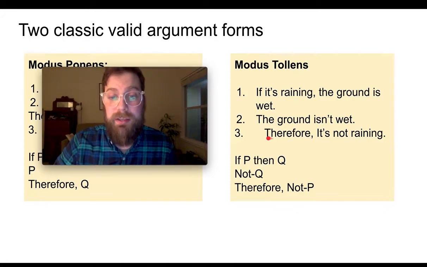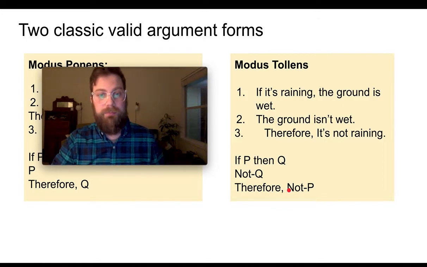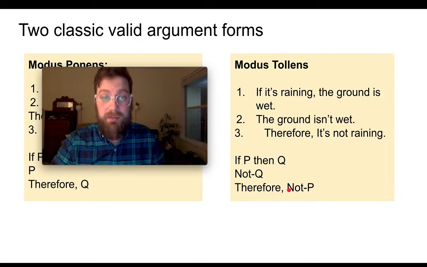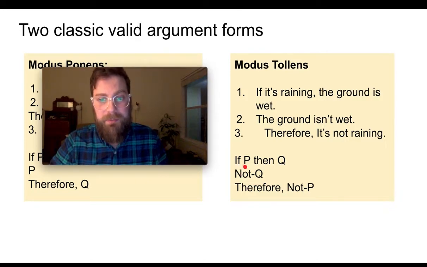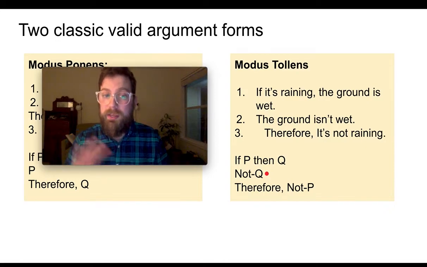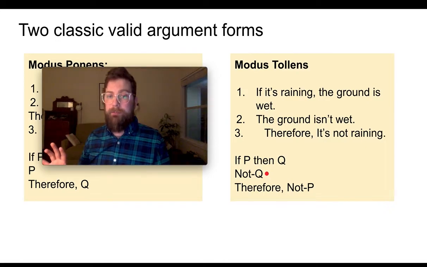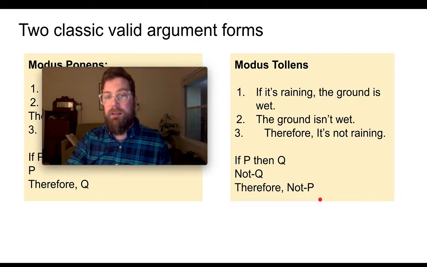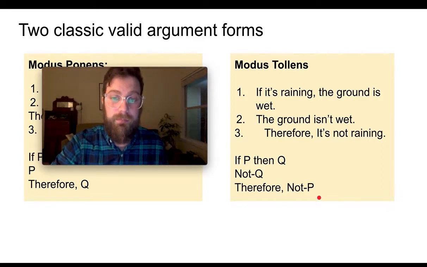So this argument goes like this. If P then Q, not Q, therefore not P, right? So in the outdoors where there's no shelter, we can say if it's raining, then the ground is wet. But if we then notice that the ground isn't wet, we can validly conclude from that it's not raining.